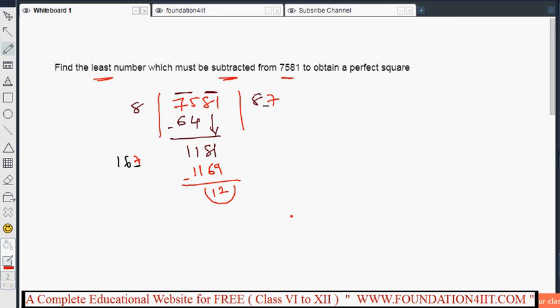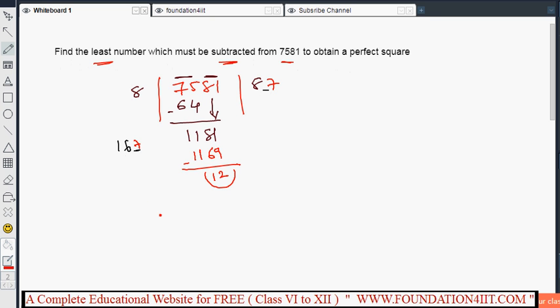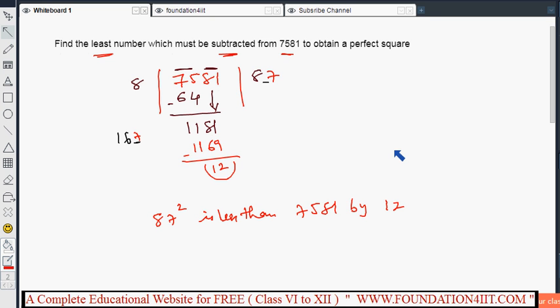So from this what we can conclude is that 87 square is less than 7581 by 12, because some extra 12 came here down. This extra 12 we need to subtract. So 87 square is not exactly equal to this, but 87 square is less than 7581 by 12.